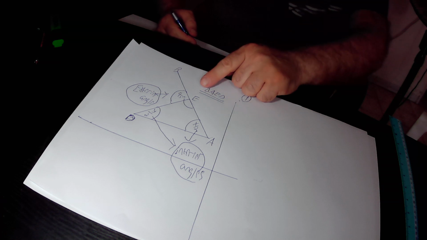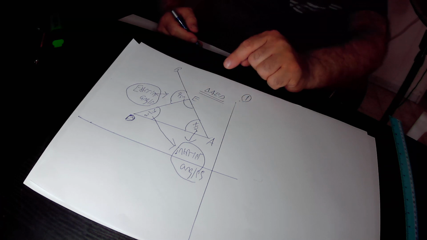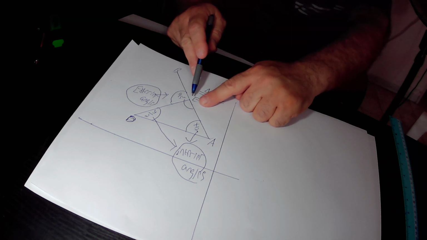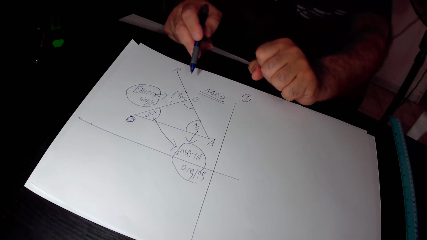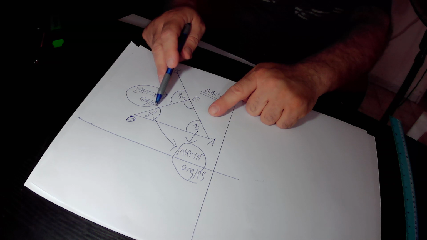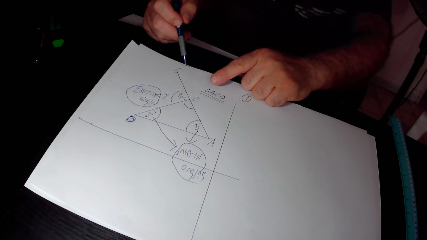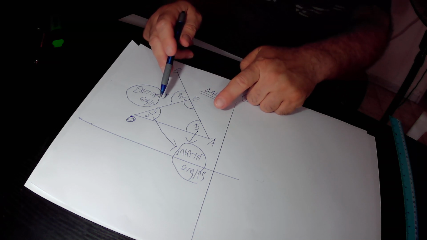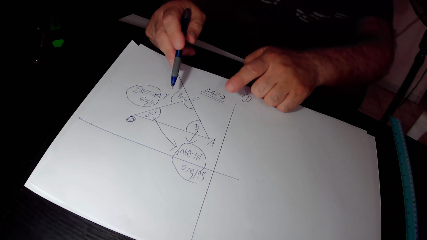According to rule 4, the size of this exterior angle BED is equal to the sum of the two interior angles that are not adjacent to it. This is angle DEA, that is adjacent to this angle BED. And the two other interior angles that are not adjacent to it are those two angles, y over 2 and x over 2. And the sum of those two interior angles is y over 2 plus x over 2. According to rule 4, the size of angle BED is equal to the sum of the two interior angles that are not adjacent to it. That is to say, it is equal to x over 2 plus y over 2. So I write it down.